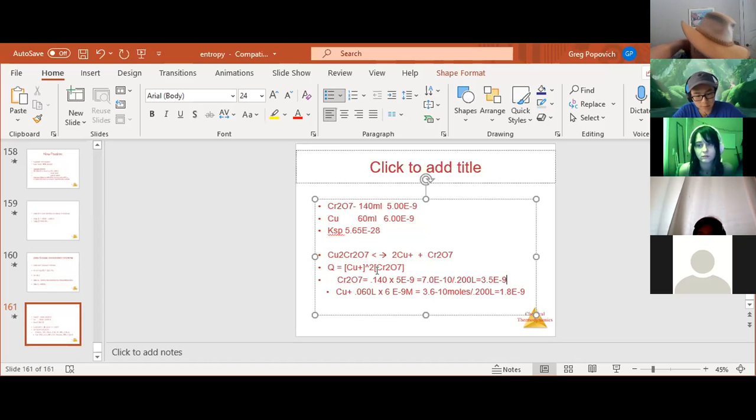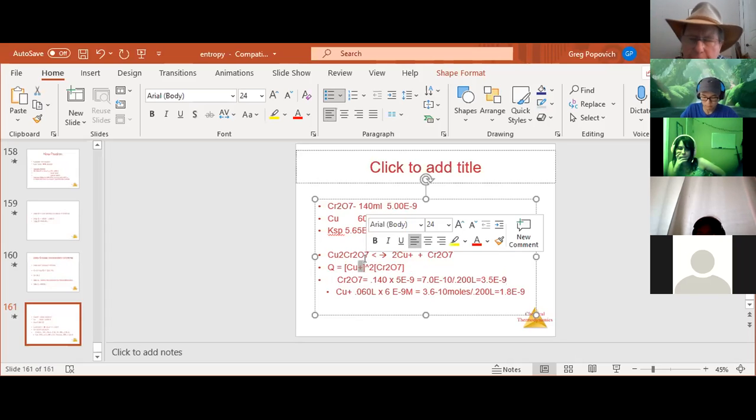Yep. So that means my Q is times 10 to the minus 26. My Ksp was times 10 to the minus 28. What's bigger, Q or Ksp? Q. So if Q is greater than Ksp, it's going to go back towards the original salt. I do have precipitate present.